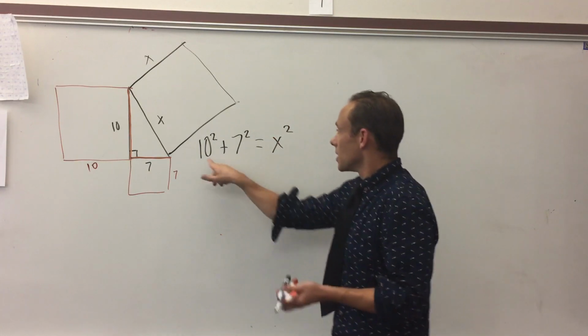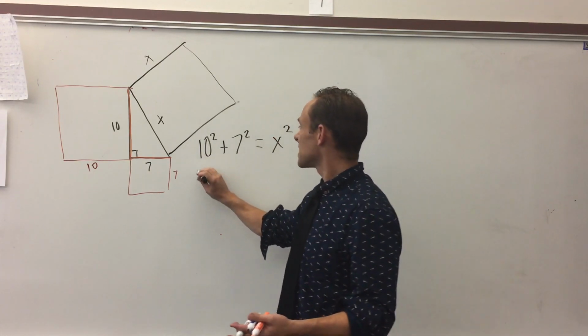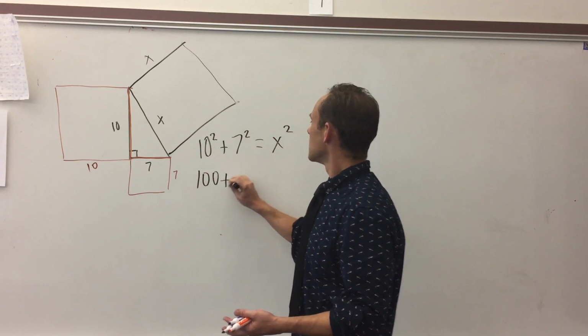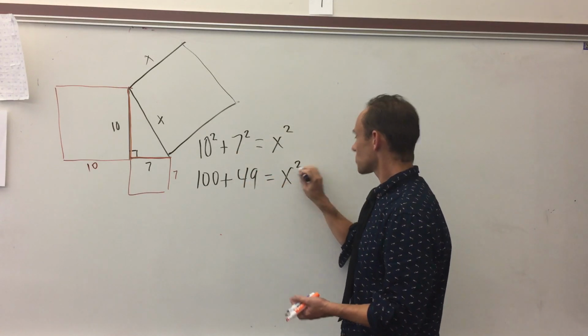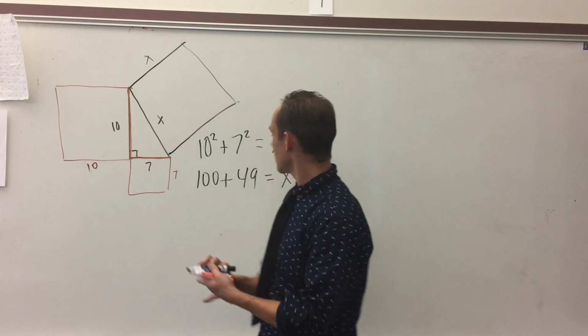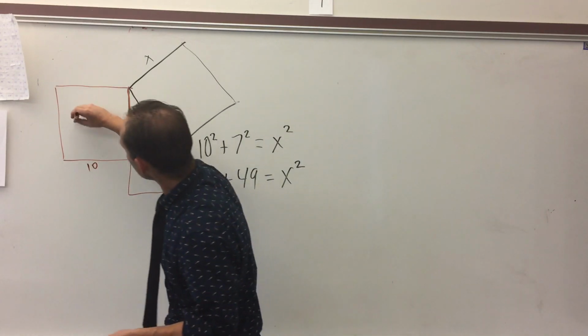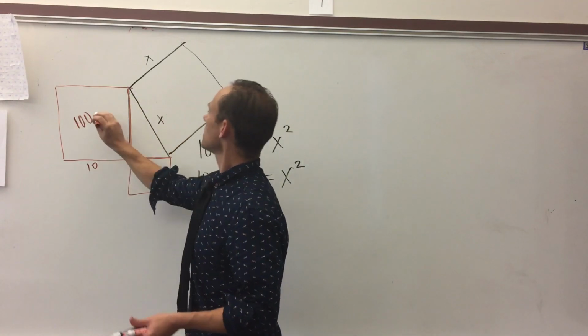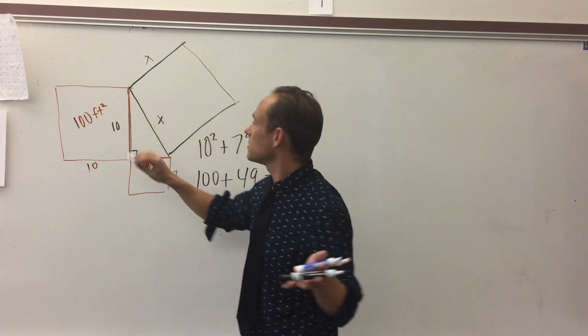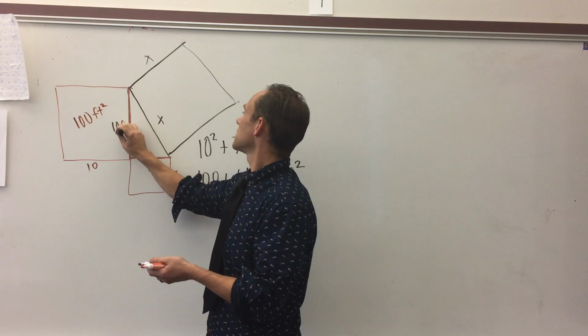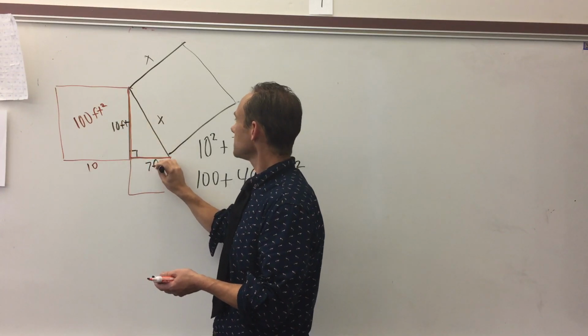So now I just got to figure out what is 10 squared. That's 10 times 10 is 100. 7 squared is 49. And that's equal to x squared. Over in this diagram, what that means is that this area is 100. Now I'm going to go with units because I like to use units. So I'm going to put everything in feet. I'm just going to assume that this is meant to be 10 feet and 7 feet.